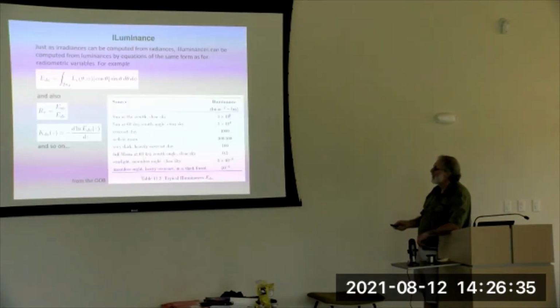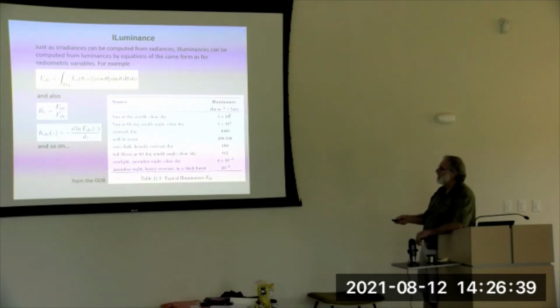Okay, so we come back here. You can do that with an ED, or you can take the luminance and just stick it into the same equation. So luminance times the cosine theta integrated over solid angle gives you the corresponding illuminance.